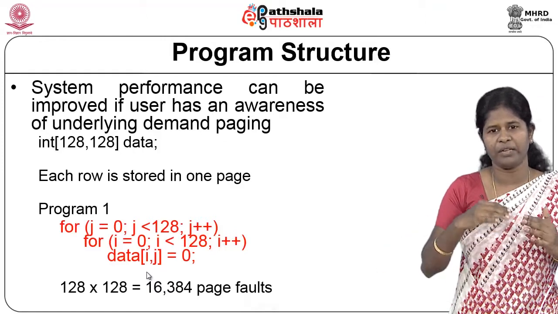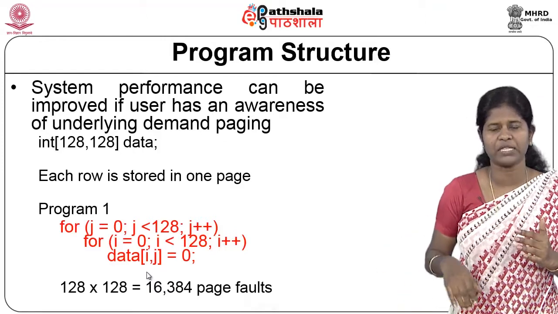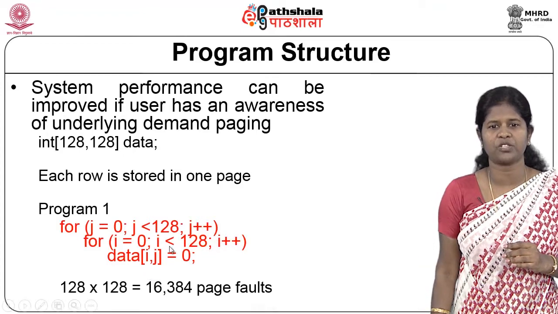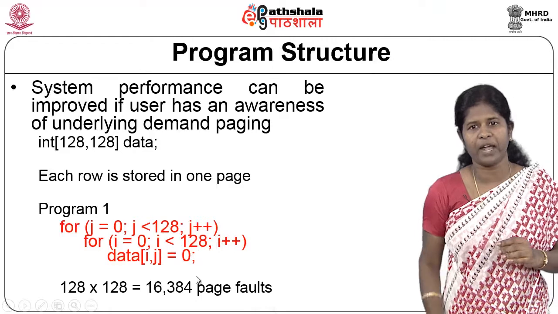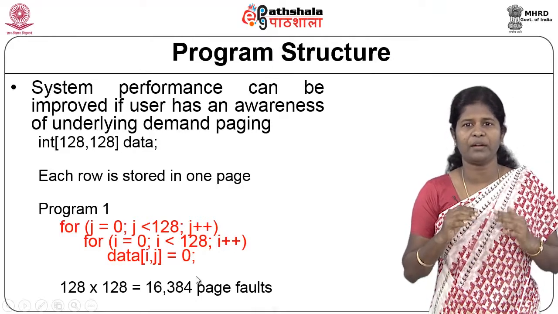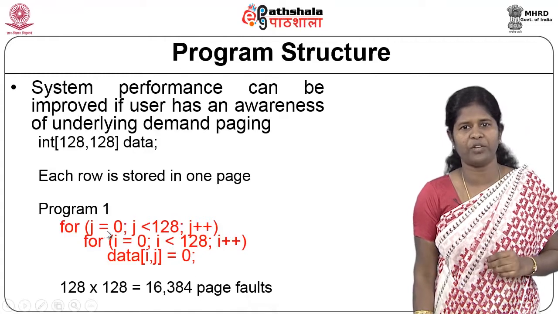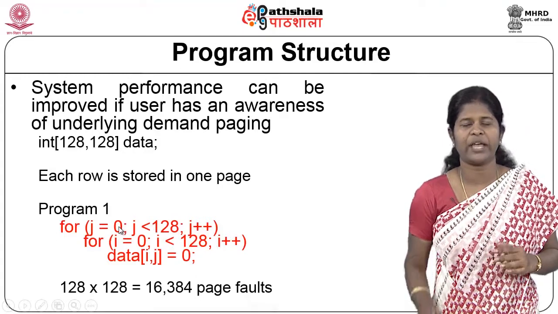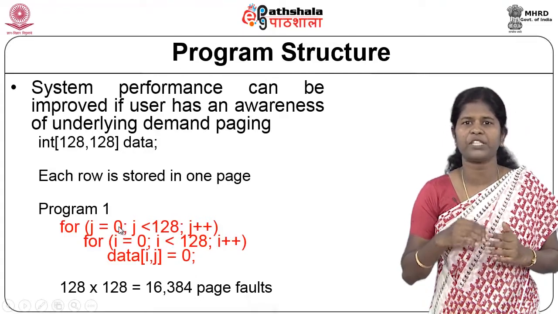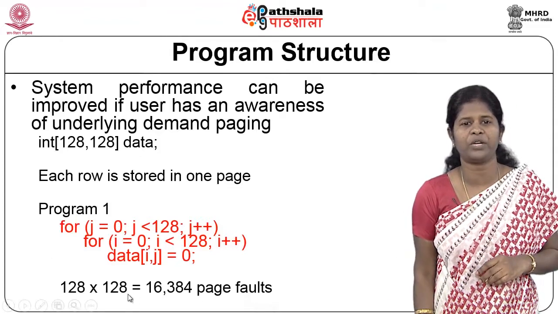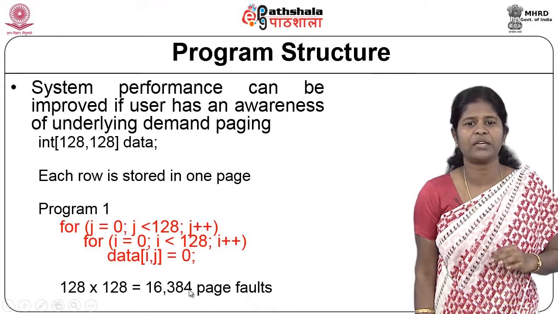So for the first inner loop, for i equal to 0 to 127, it will try to locate all the 128 pages. And then again for the next value of j, when j equals 1, it will again make a memory reference for all the 128 pages. So totally there will be 128 by 128, that is 16,384 page faults.